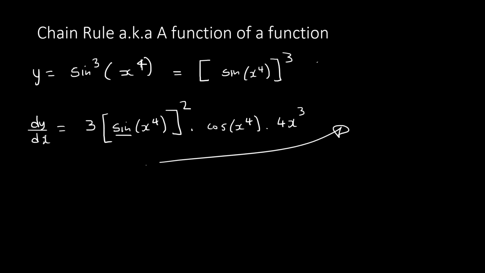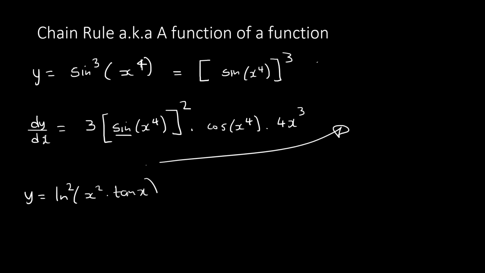Okay, let me do one more example. Let's say I have y equals ln. I also like ln. Let's say I have ln squared of, for example, x squared tan x.